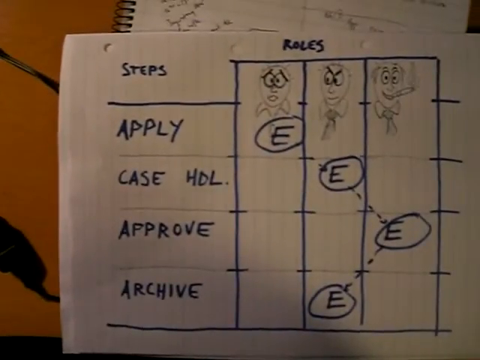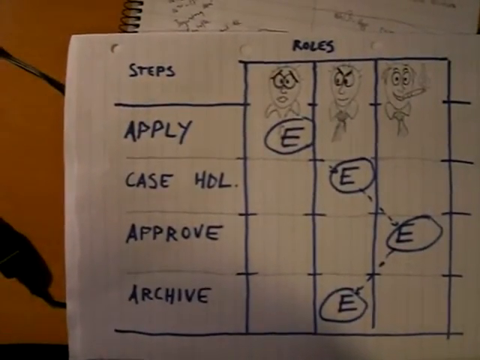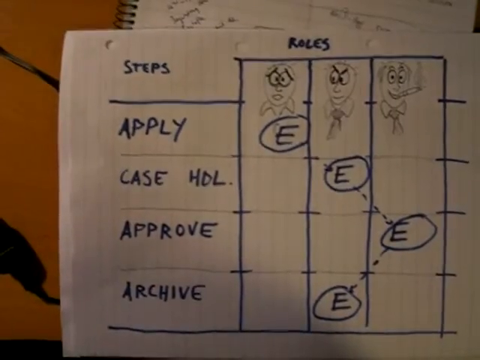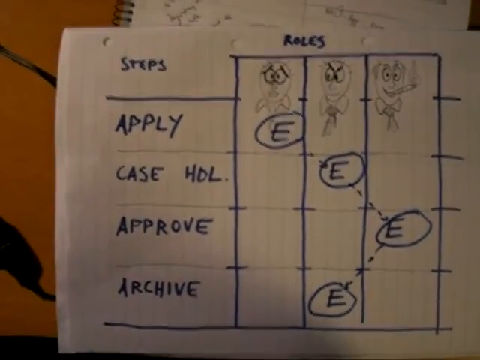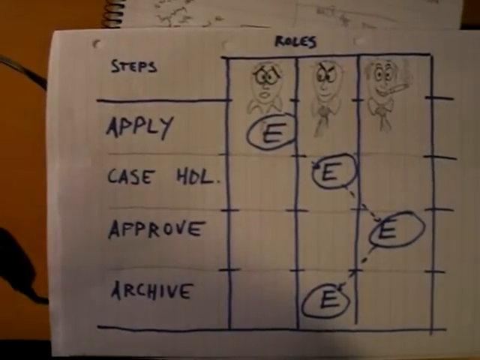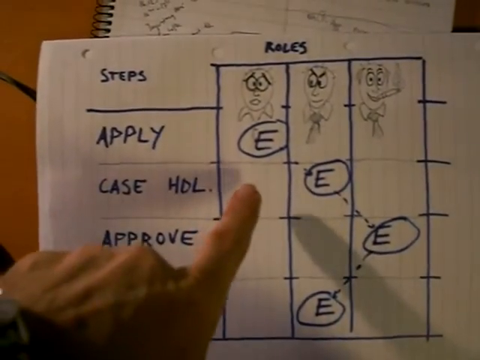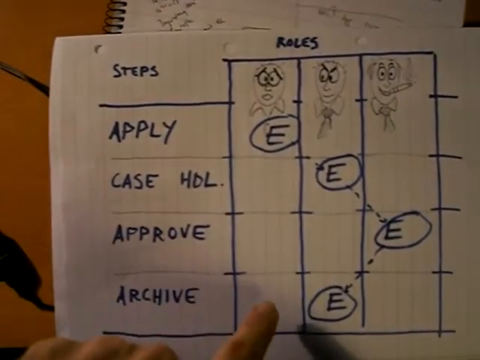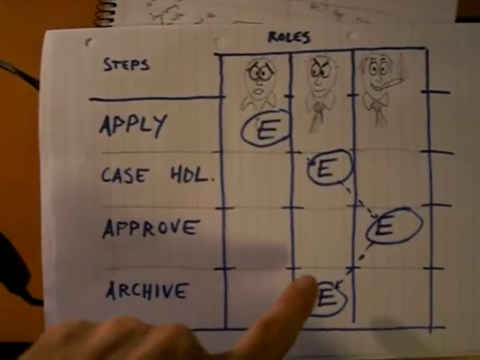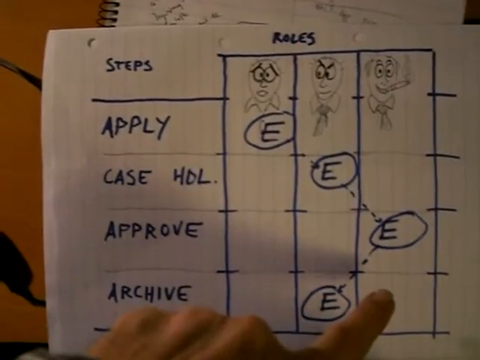Now, for flowcharts, the E's would be boxes, and you would only be able to see your own E, so to speak. But the point with the process matrix is that you can let the applicant see, if you don't block him here, he will be able to see the workflow as it progresses through the departments of these 2 roles.